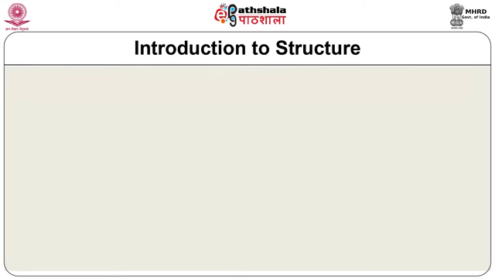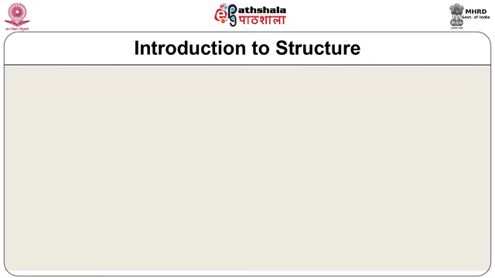Now let us go to the introduction to structure. We have studied different aspects of arrays in the last module. As you know, an array allows defining a type of variable that can hold several data items of the same kind.